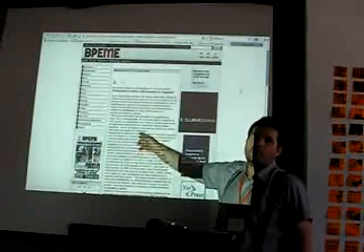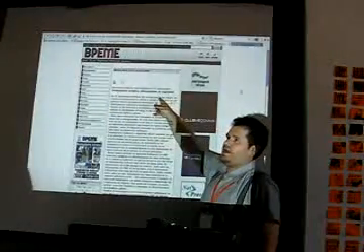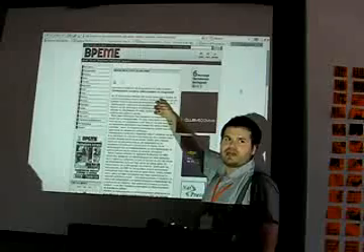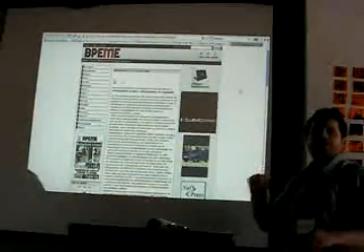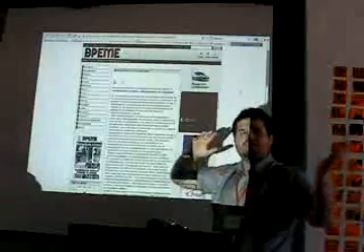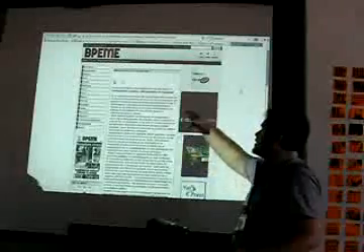How should I know what they are writing about? And they are putting headlines that are just like in print. I will talk later about the difference between print headlines and headlines in the online world.